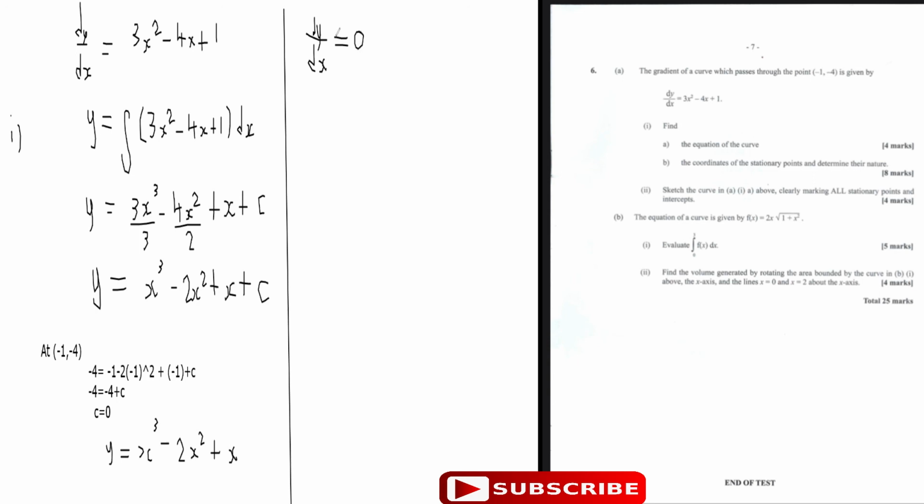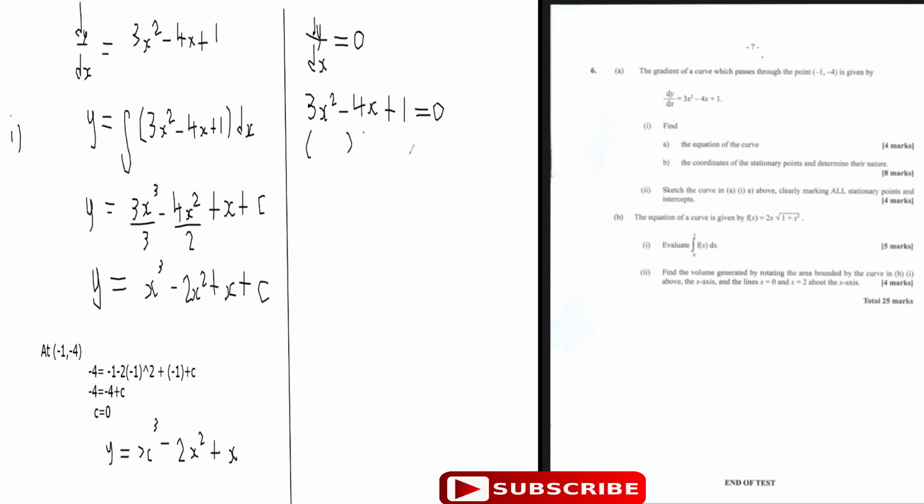By solving dy by dx equal to 0, we are solving 3x squared minus 4x plus 1 equal to 0. We factorize it.